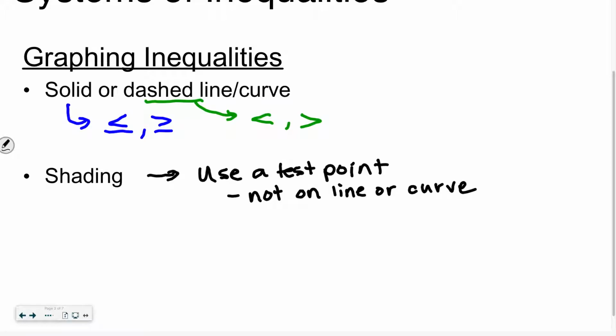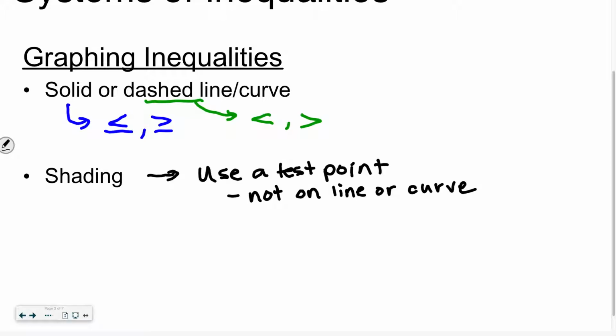I like to, if possible, choose 0, 0 because it's really easy to sub zeros in and evaluate.